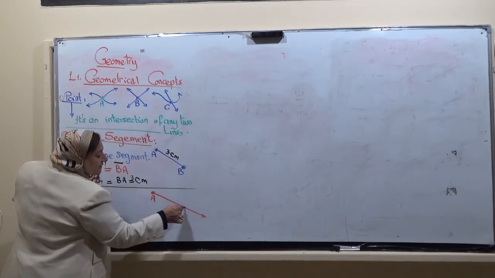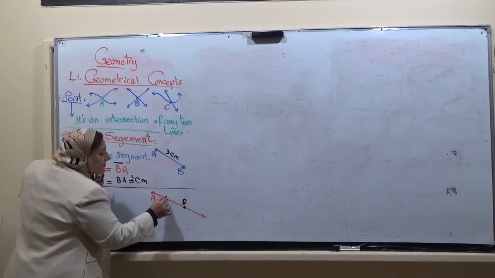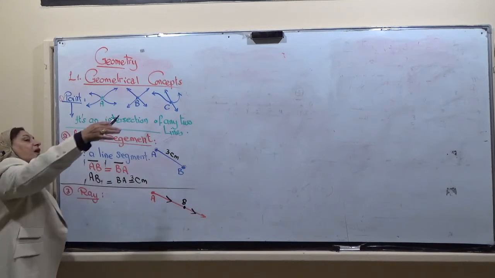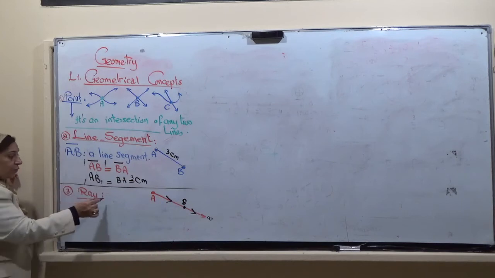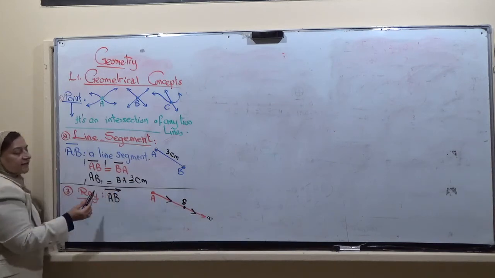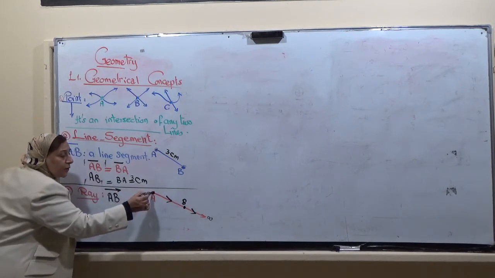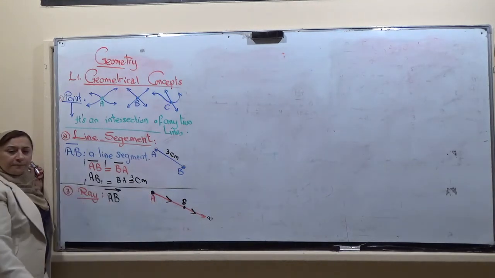It's not the end point, it's here. It's like one station, B. I pass through B and go on, I go through B and continue up to infinity. So we write it like this, AB ray. A set of infinite collinear points which has an initial, starting point, but has no final point.